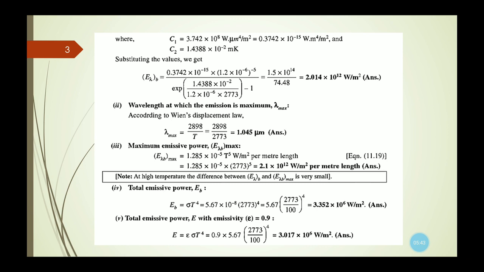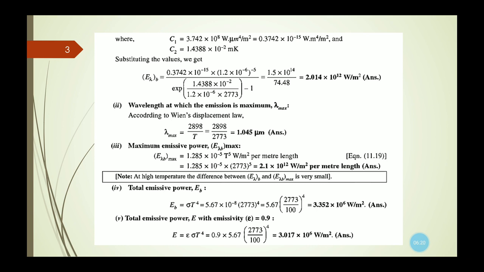So this is the formula for Wien's displacement law, and from that we can calculate lambda max. This is equal to 2898 divided by capital T. The value of capital T is given in this question, it is 2773. Now if we put this value here, the wavelength at which the emission is maximum comes as 1.045 micrometer. So by using Wien's displacement law, we have calculated this lambda max.